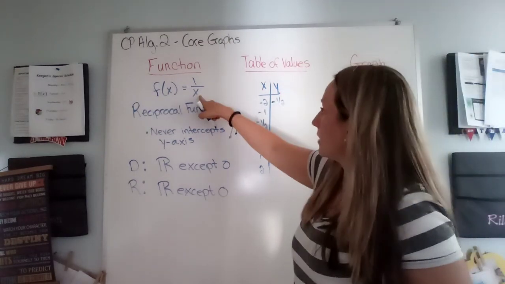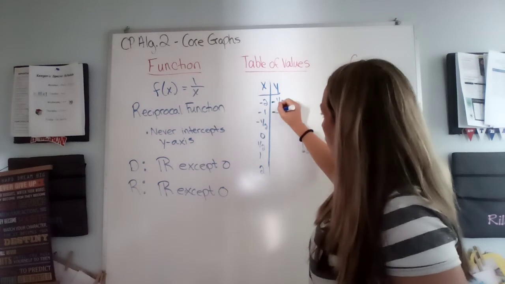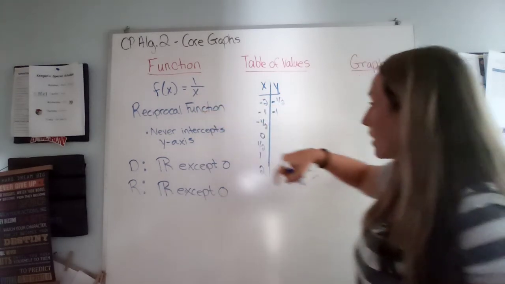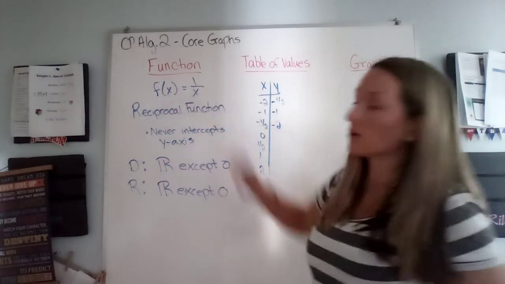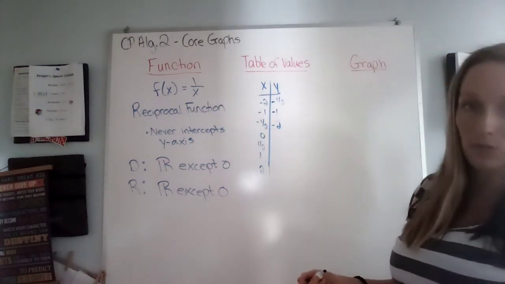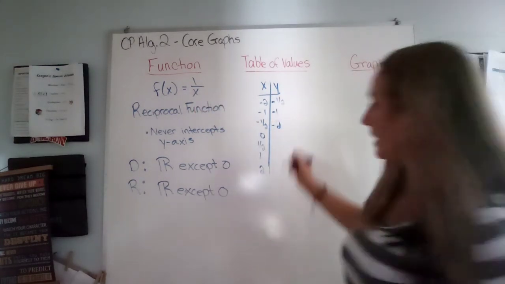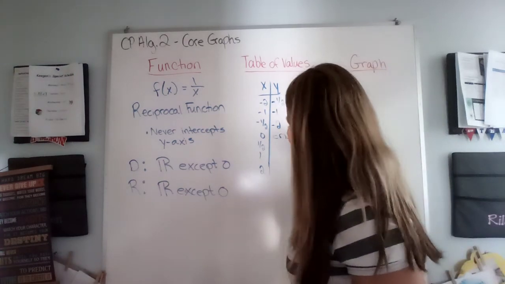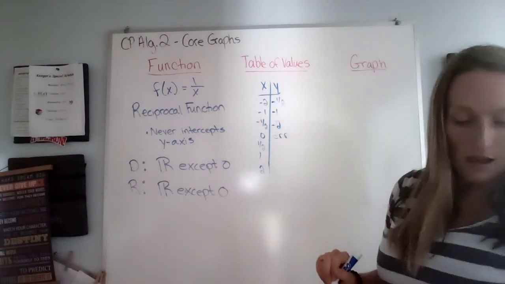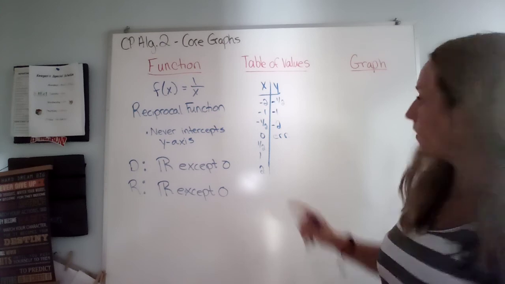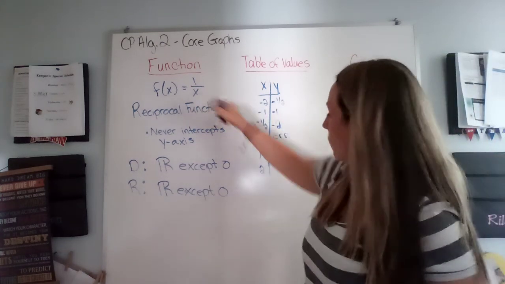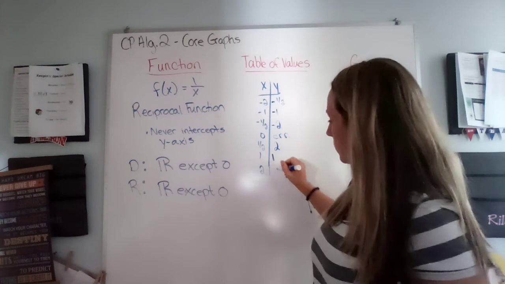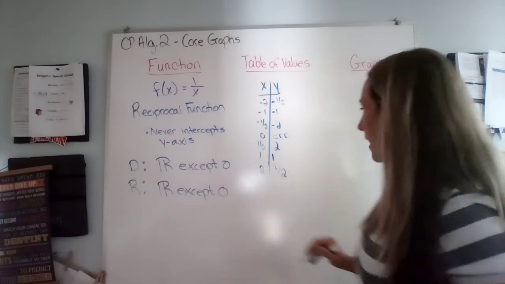If you plug in -1 for x, you're going to have -1. If you plug in -1 half, that's going to be a -2. If you plug in 0, you can't divide by 0. If you try in your calculator, it's going to say error or undefined. If you plug in 1 half, you're going to have 2. If you plug in 1, it's going to be 1. And then 2 is going to be 1 half.